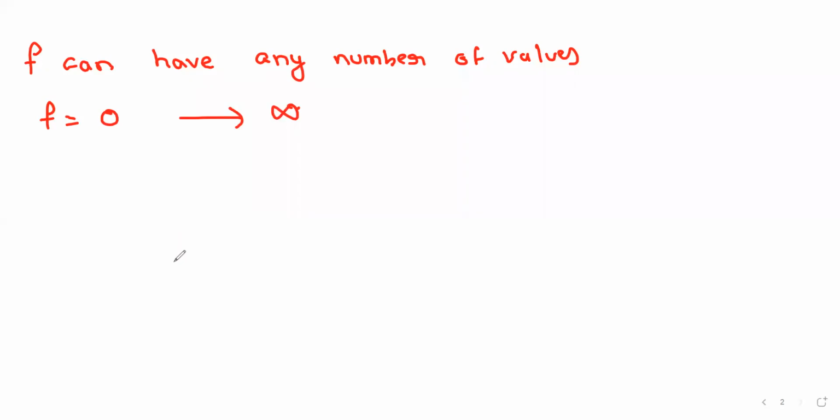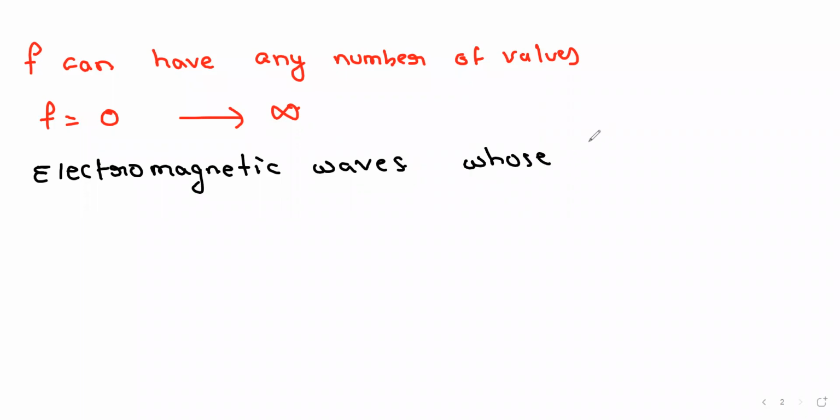So when the frequency of the oscillating charge or accelerating charge varies from 0 to infinity, we get electromagnetic waves whose frequency varies from 0 to infinity.